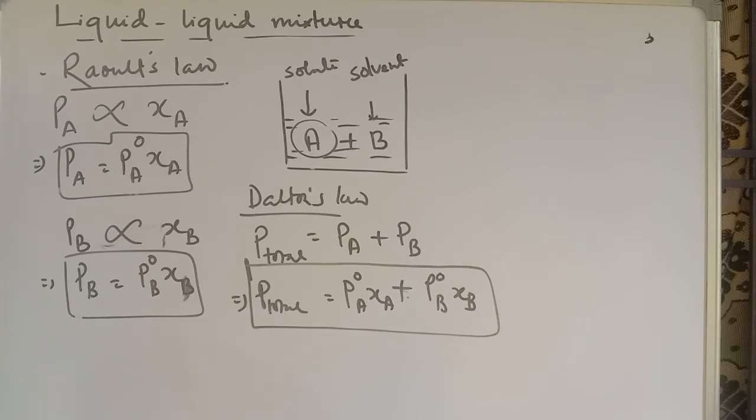Now, some solutions obey this Raoult's law, some solutions do not obey this Raoult's law. So depending upon this, we can have two kinds of solutions, two kinds of liquid mixtures. The solutions which obey Raoult's law over a wide range of concentration, or we can say over the whole range of concentration, are called ideal solutions.